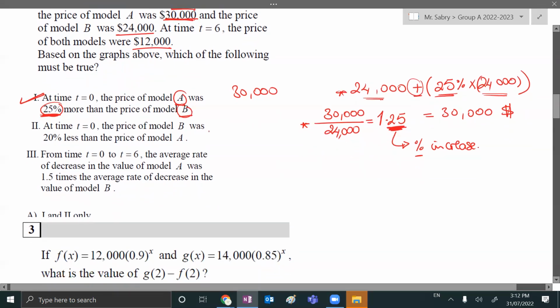Good. So moving to option number 2: at time 0 the price of model B was 20% less than the price of model A. In the first choice, because they said model A is how much more than model B, I did the price of model A divided by the price of model B. But here he wants the opposite: the price of model B is less than the price of model A by how much.